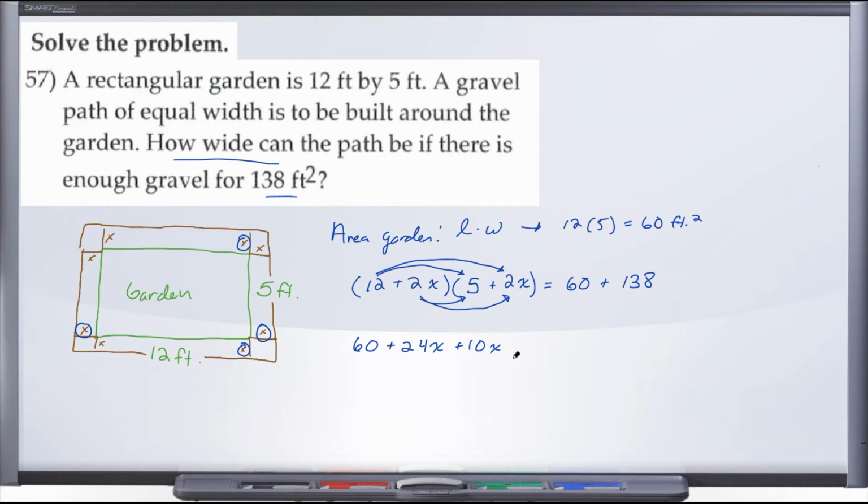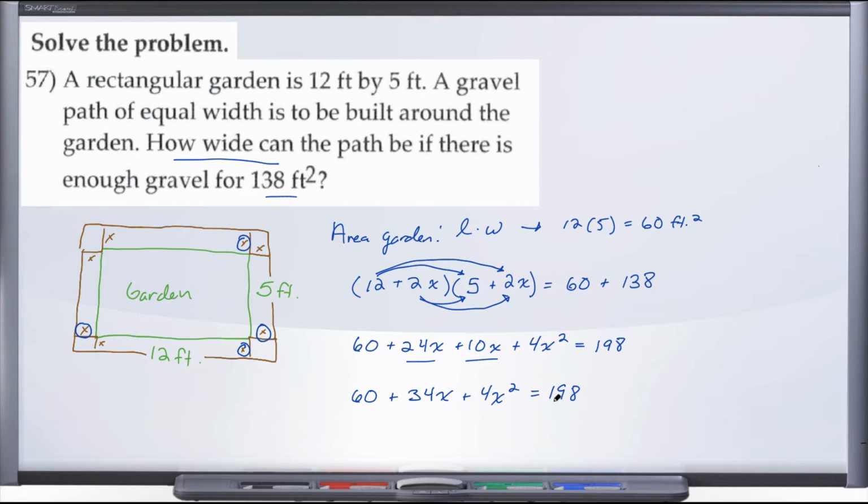And 2x times 2x will be plus 4x squared equals, and now 60 plus 138 is going to give us 198. And we can go ahead and combine some like terms. So we'll end up with 60 plus, and 24x plus 10x will give us 34x plus 4x squared equals 198.